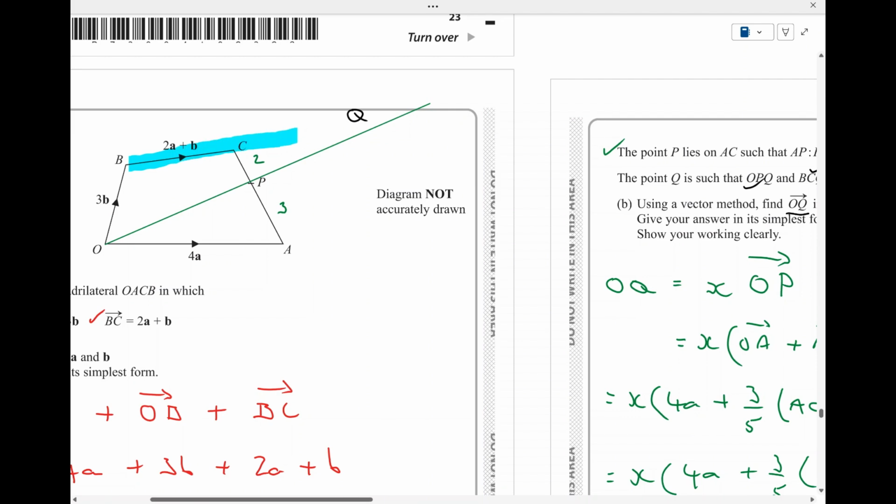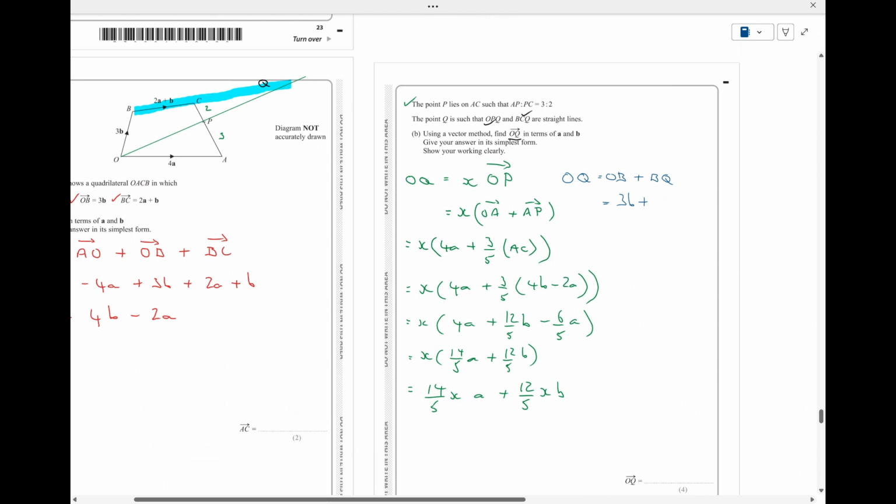B to Q, sorry, is that bit, which is a multiple of B to C. So what multiple? I don't know. Let's call it Y. Y times BC, which is going to be 3B plus Y.